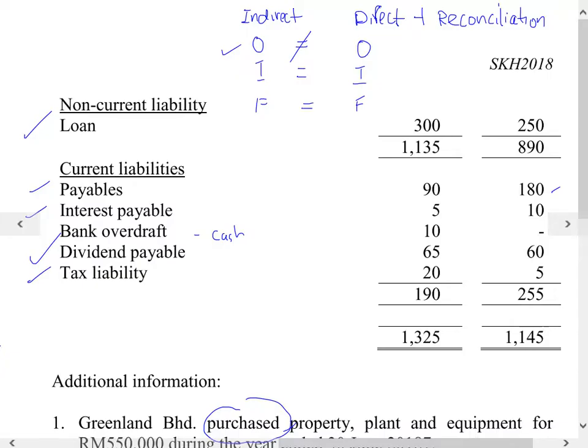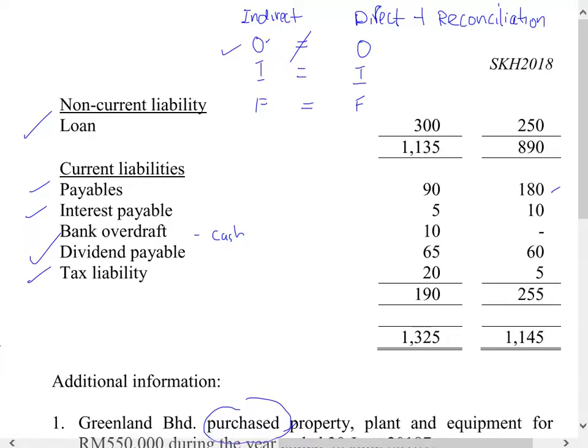Repeat. If you are preparing direct method, operating activity will be slightly different. Not only slightly different, you must prepare one more reconciliation. What is this reconciliation? It's exactly the same as operating activity in indirect method.